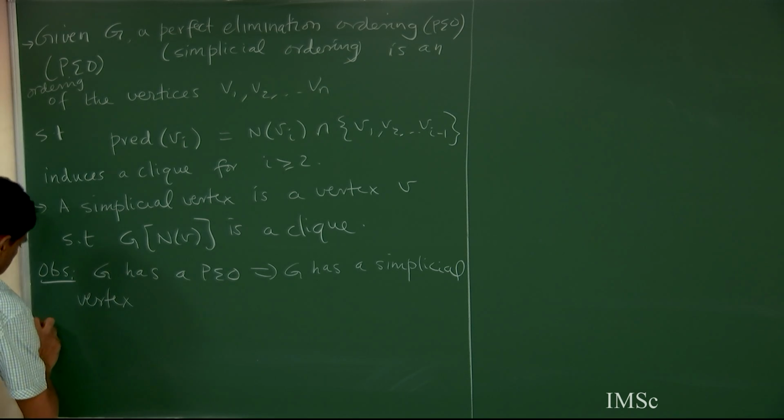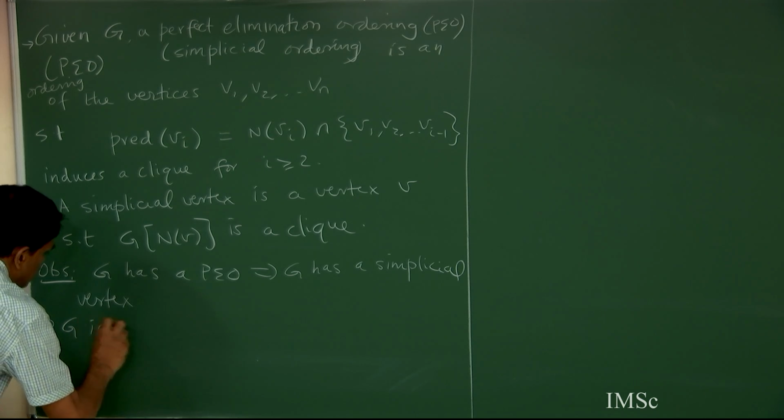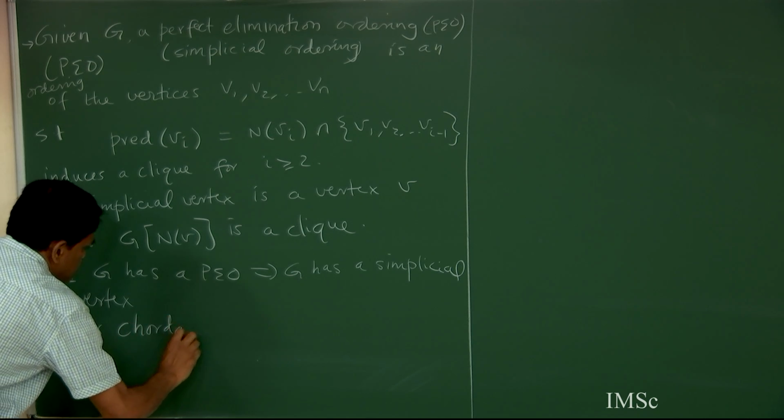Okay, and then what are other notions? G is chordal. This is a definition.